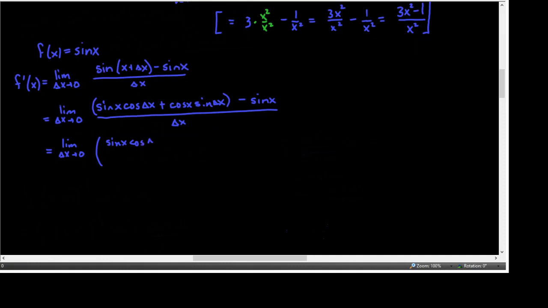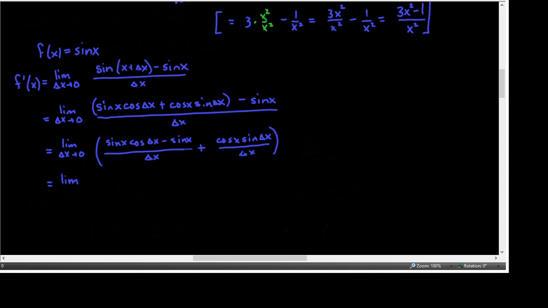So the sine of x times cosine delta x minus the sine of x over delta x, plus the cosine x part of the problem, cosine x sine of delta x, all over delta x. So I intentionally split that into 2 fractions, and I moved the minus sine of x up to be with the other sine thing.